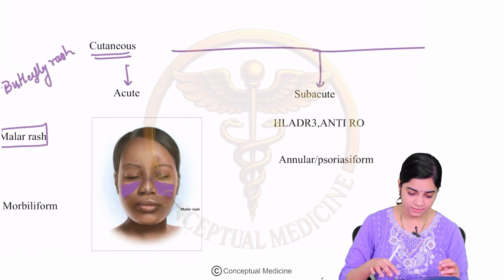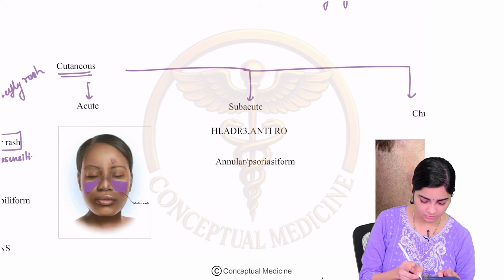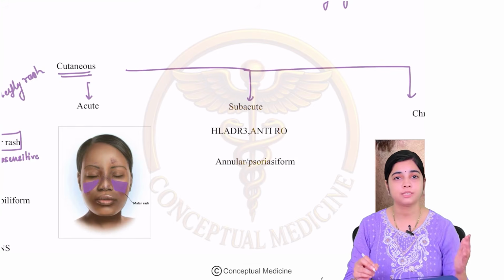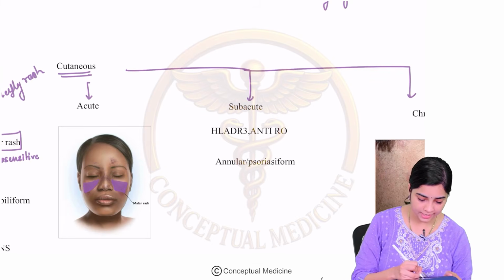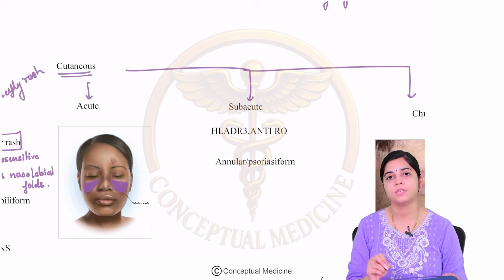And remember that this malar rash is a highly photosensitive rash. That means when there is exposure to sun, there can be worsening of the rash, and very characteristically it spares the nasolabial folds.